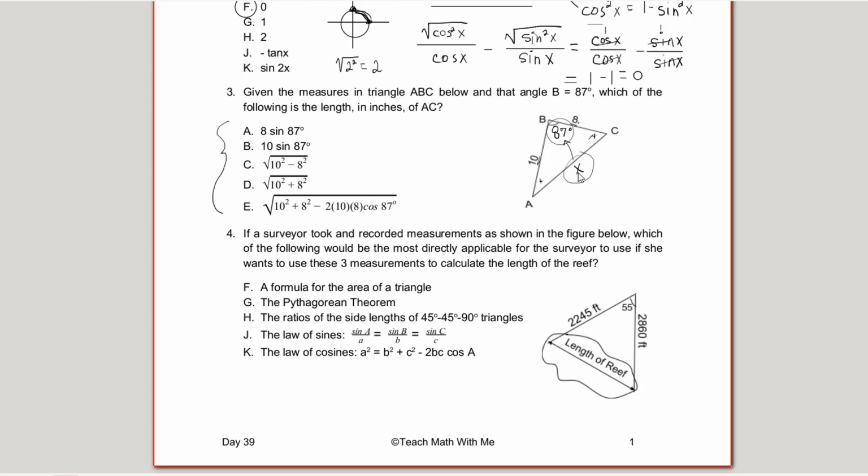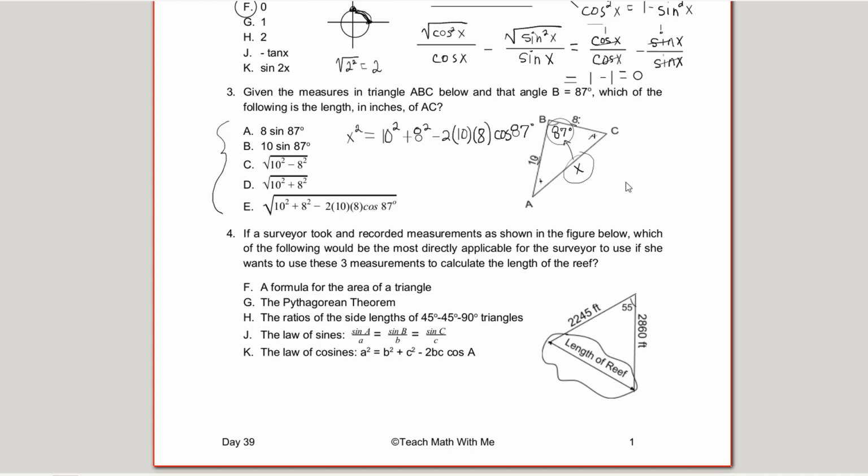But since we are looking for this side length x, what we normally do is x squared equals our other two side lengths, 10 squared plus 8 squared, minus 2 times 10 times 8, those two side lengths, times the cosine of the angle opposite the side we're looking for. So that would be cosine of 87 degrees.